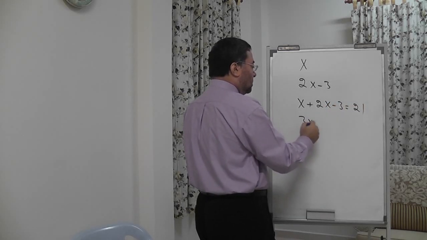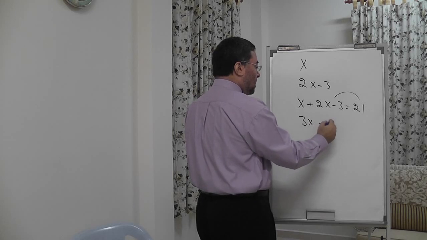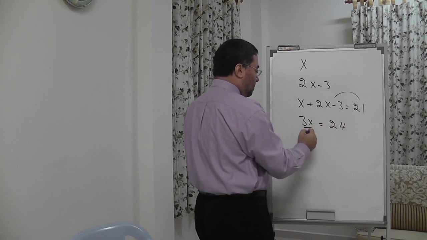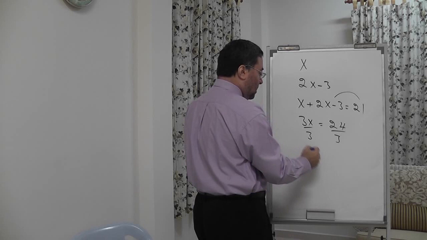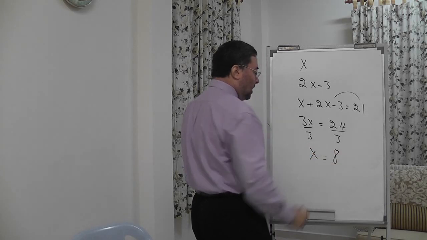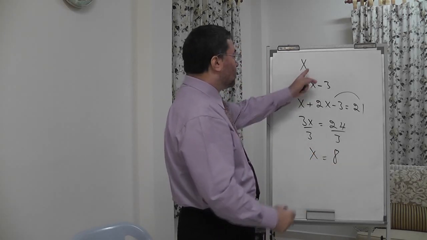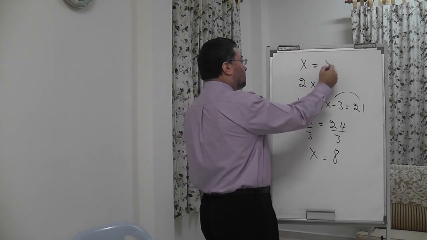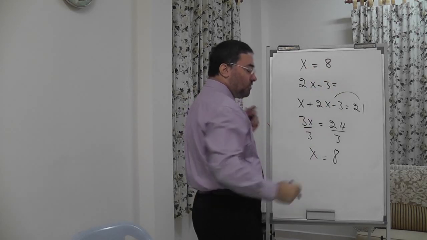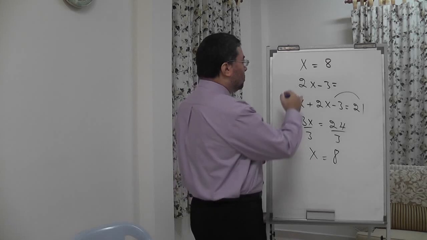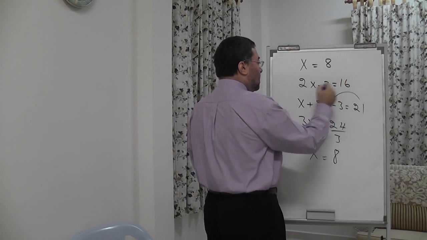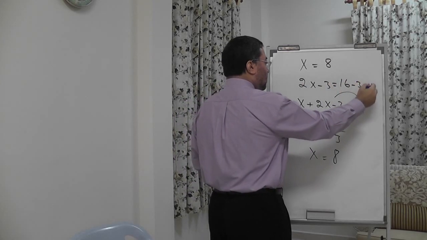That will be 3x, we take 3 to the other side, and that will be 24 divided by 3, and x is equal to 8. So 8 is the age of Bill. And now we have to get the age of Joe, which is 2x, and that's 16, minus 3, and that's 13.